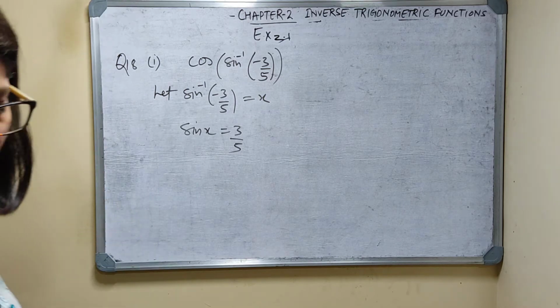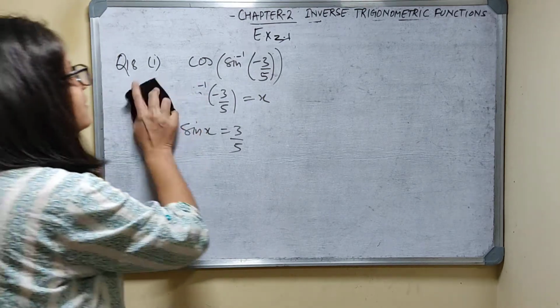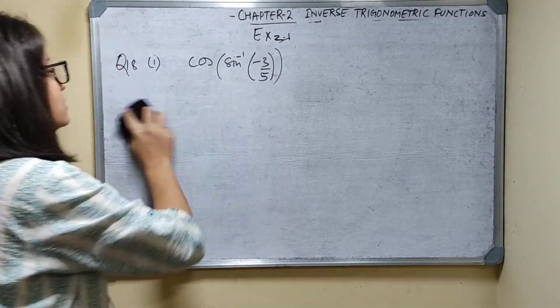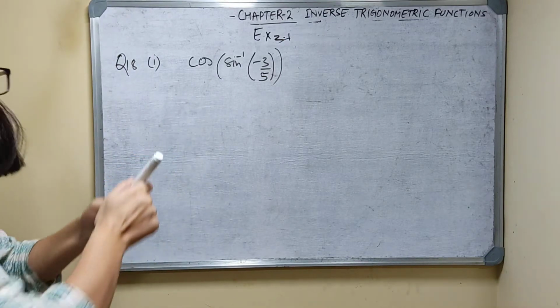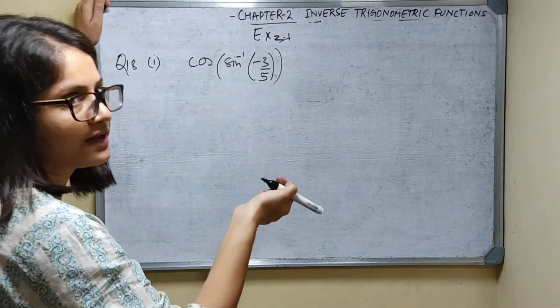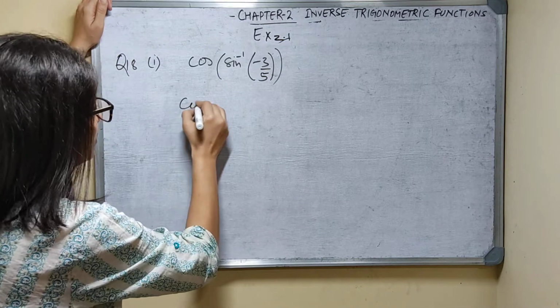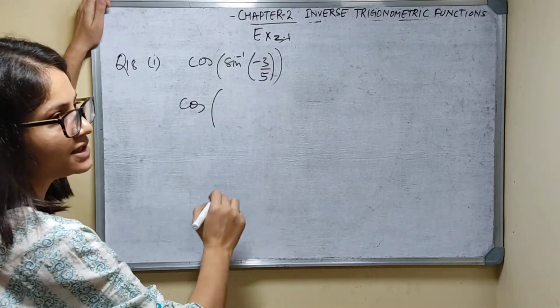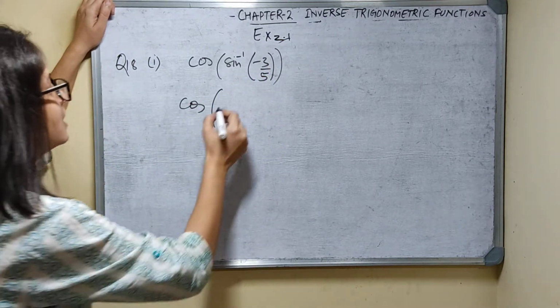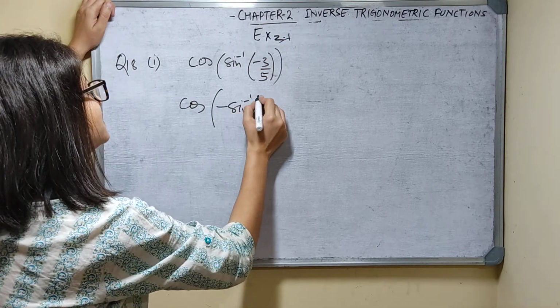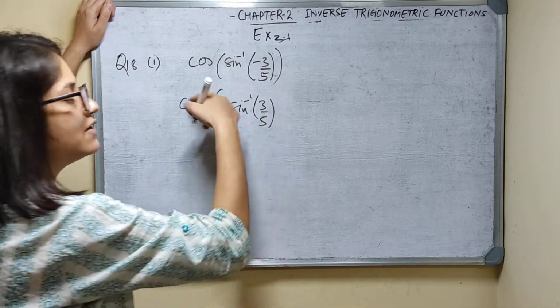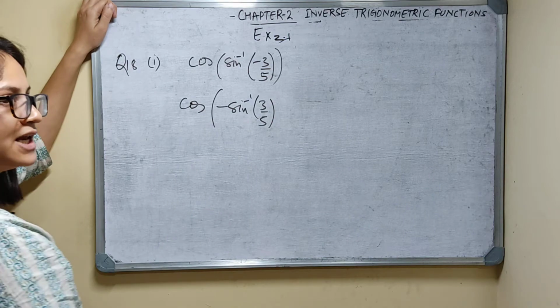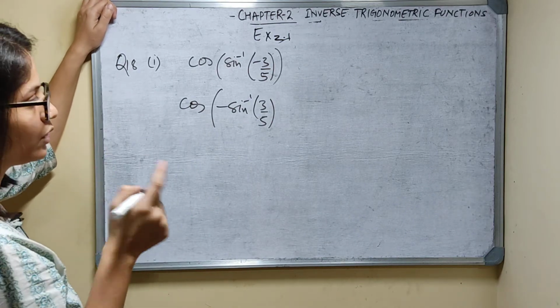Or here directly you can do. I will teach like this. These formulas I will teach for the next exercise, but here I am doing cos of sine inverse of minus theta, which is minus sine inverse theta. So minus sine inverse 3 by 5 I can write. Sine inverse of minus theta is minus sine inverse theta.